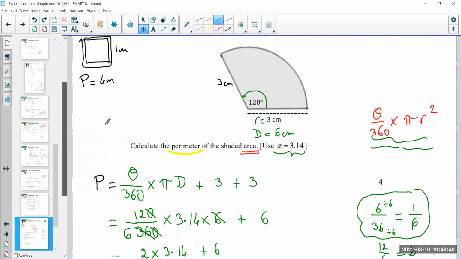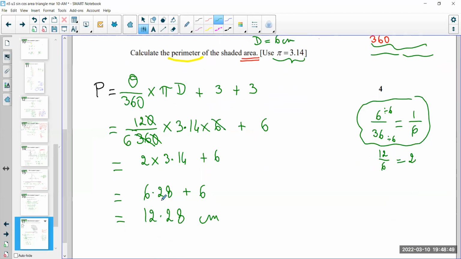Plus, remember, for perimeter you need to go all the way around. A lot of people forgot to give me the 3 plus 3 at the end. They've only done the 6.28. This is how it is marked. 4 marks: first, write that expression; second, start simplifying; third, when you replace all this, you get a mark.